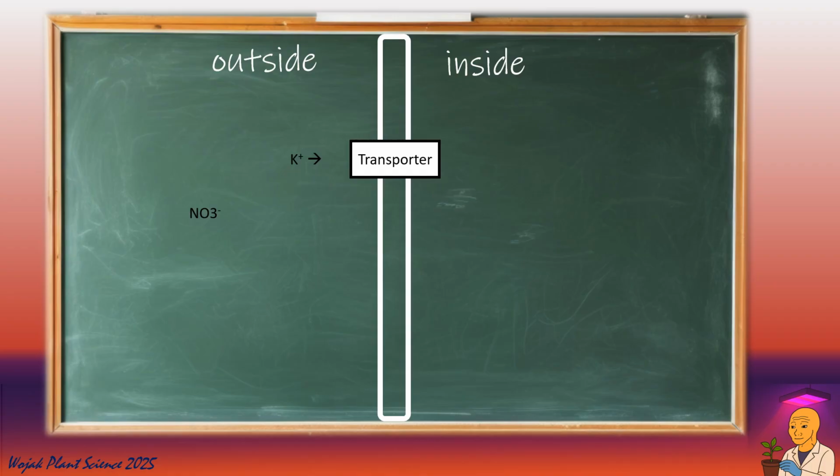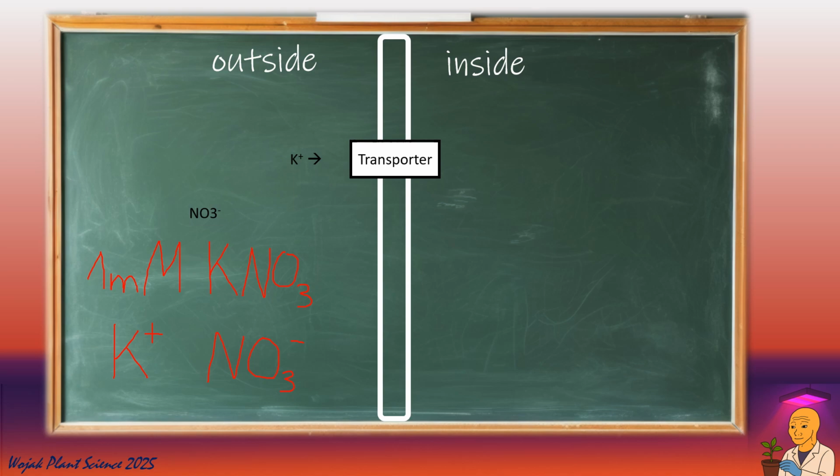And imagine we had, where's the pen? We had 1 millimolar of KNO3 outside the root, okay? And that, of course, is a salt, and in solution it makes K plus and NO3 minus, as you can see here.